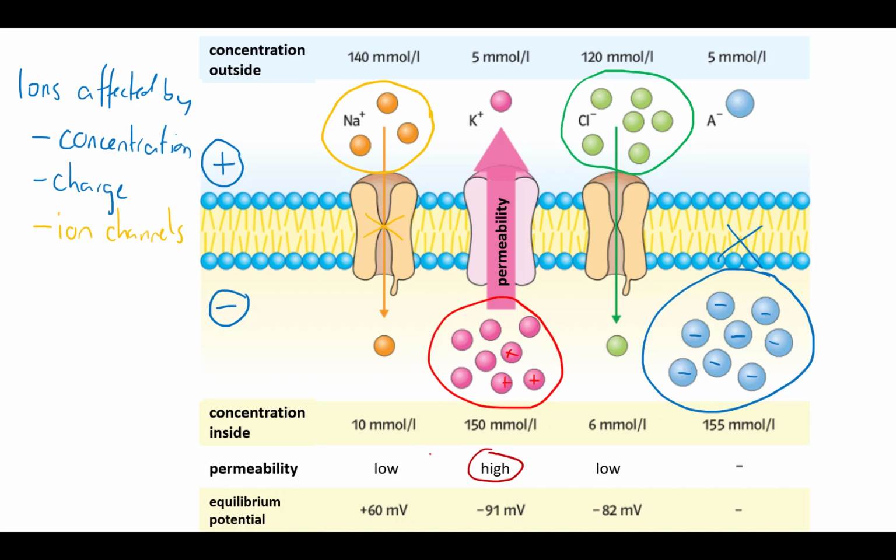And the equilibrium potential down here, the last property, is basically an indication of at what level this particular ion would be in equilibrium. So the cell normally is at -70, but if it were at +60, that would mean the sodium would not move at all. So basically, if you let these ions move, to what level would they get? So we can sort of see what they would do individually.